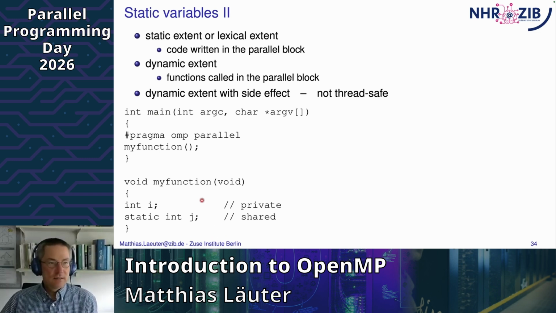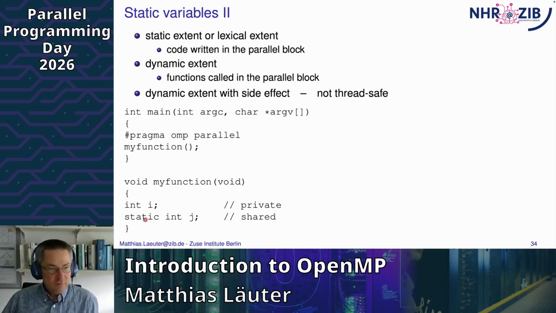We consider the static and the dynamic extent of our code, which means the static extent is the code lines which are written in our main program, but the dynamic extent is the code which is hidden in function calls. So the dynamic extent of this code example is the content of my function.